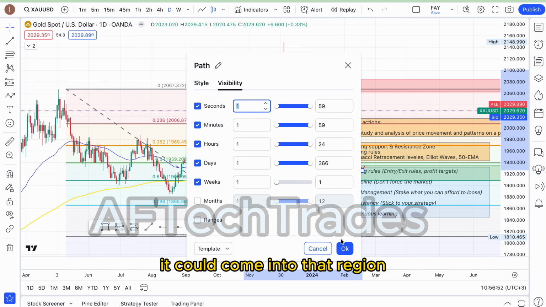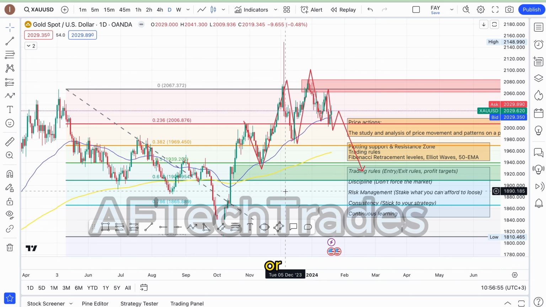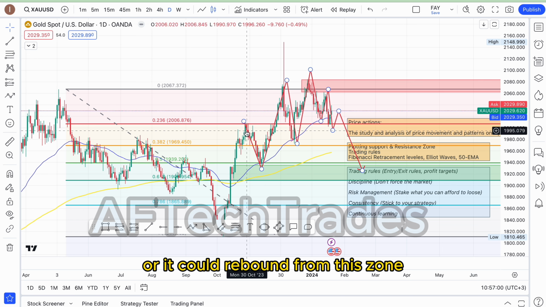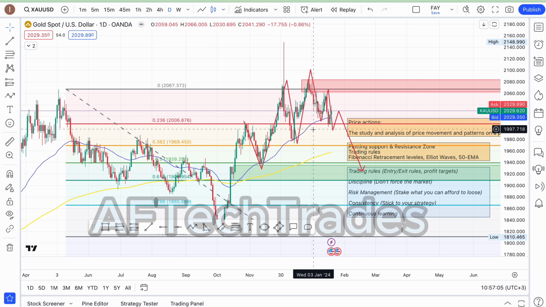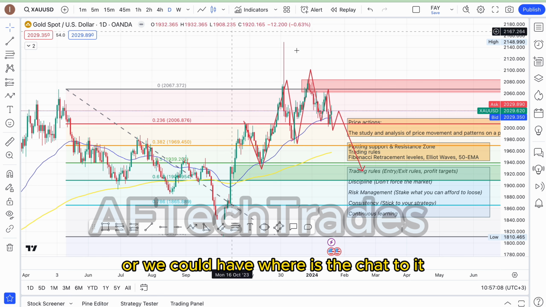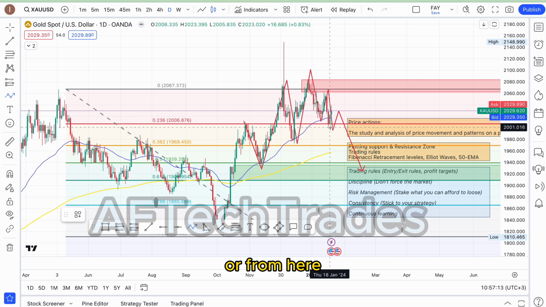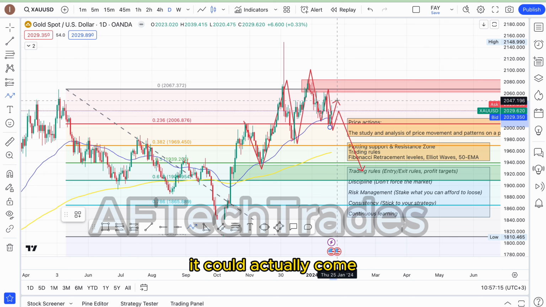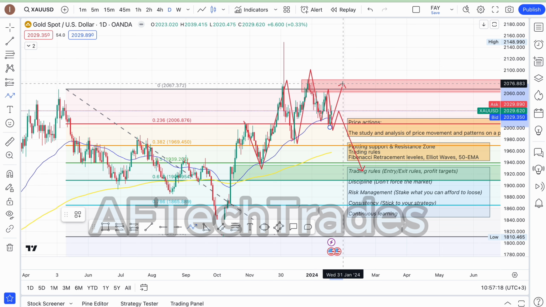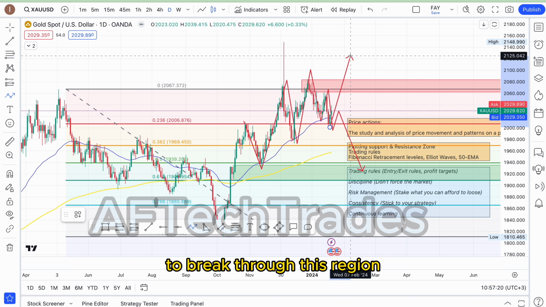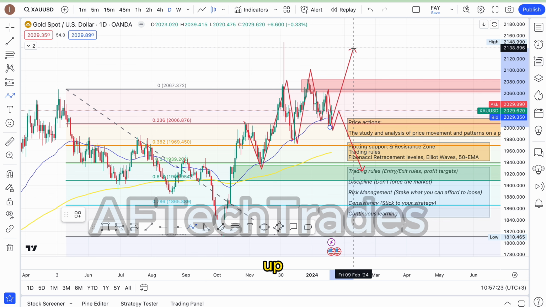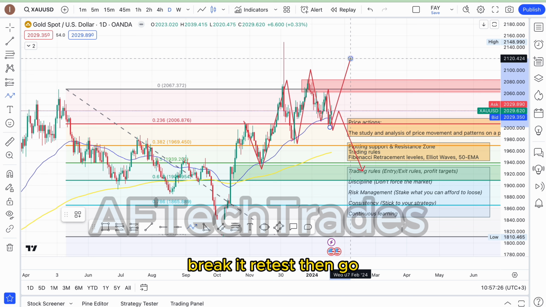It could come into that region, or it could rebound from this zone which it has initiated, or from here it could actually come to break through this region up, break it, retest, then go.